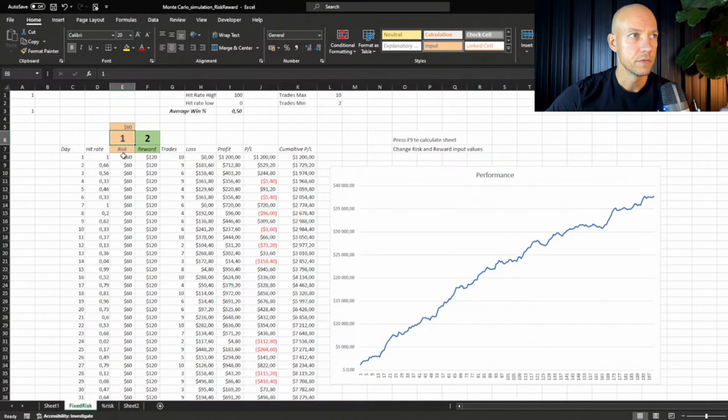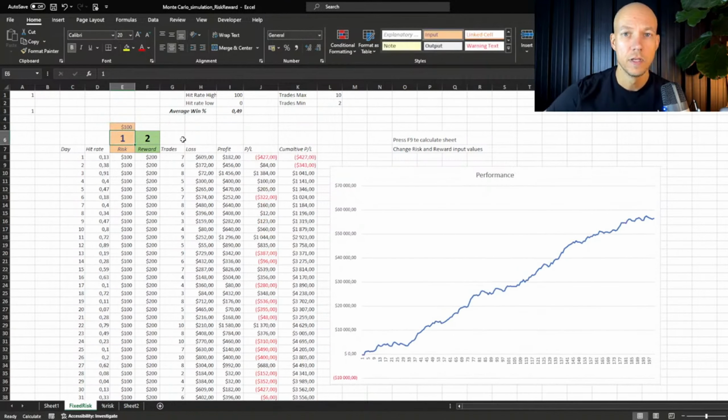Your risk is, for example, 1, and your reward is 2. So the risk is, for example, $100 per trade, and your reward is then $200. So you're risking 100 to make 200.